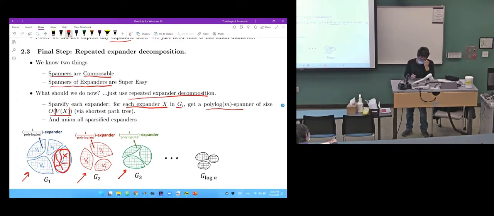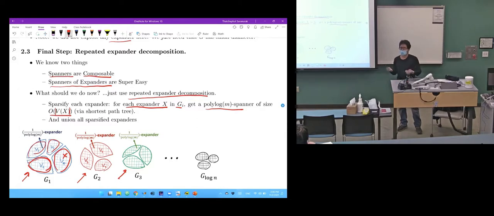After that, once you have sparsified every expander, what to do next is just to union all of the sparsified graphs together. Because if you sparsify each piece and union everything together, it's going to be a spanner of the whole thing. So that's why you are done. You really get a spanner.